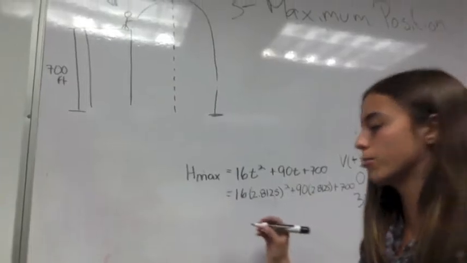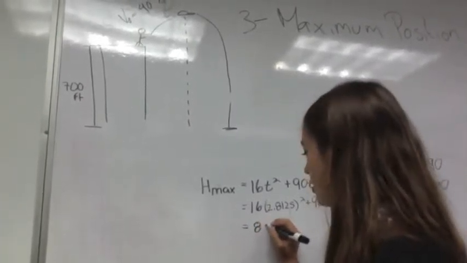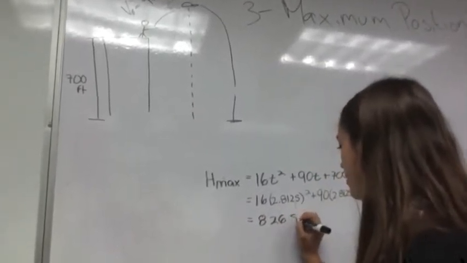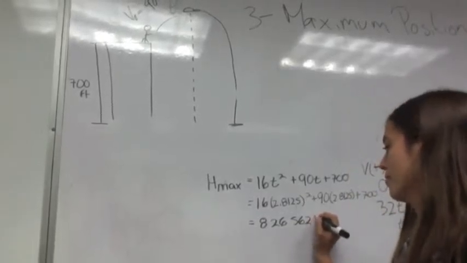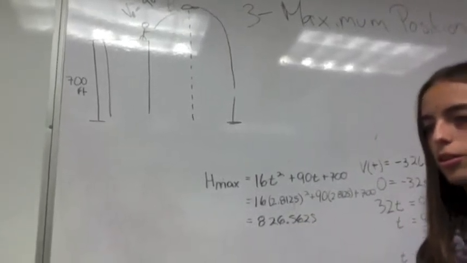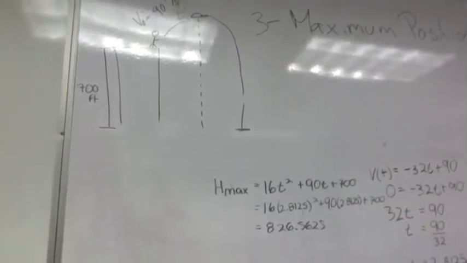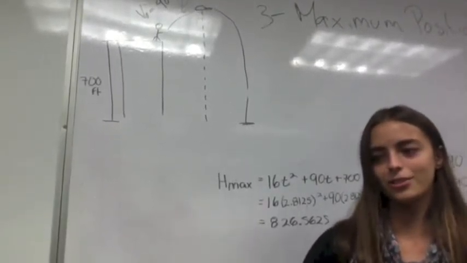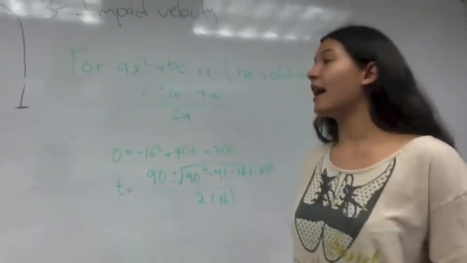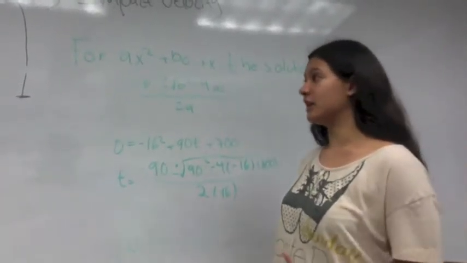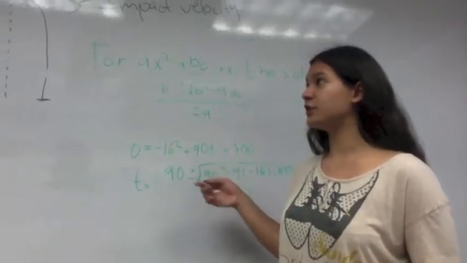Then we solve for it, which gave us 826.5625. So our maximum height is 826.5625 feet.